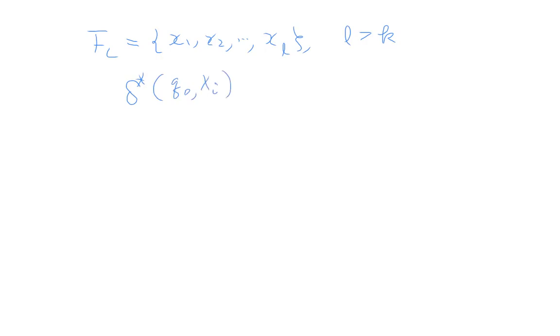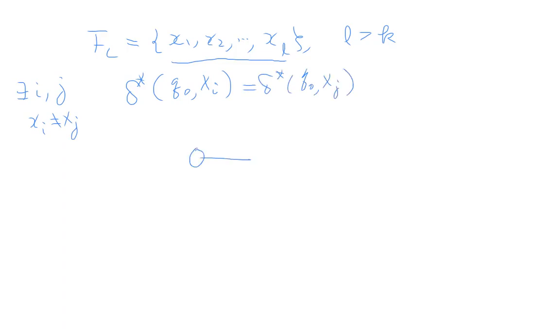Because you have greater than K many states available, there exist i and j with xi not equal to xj, such that they will end at the same state.